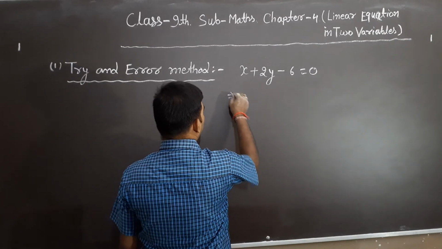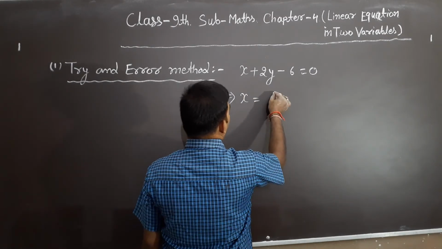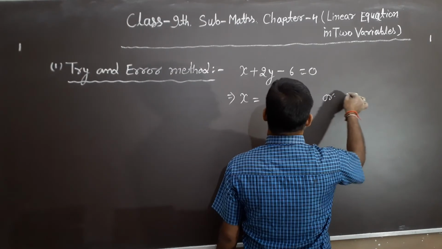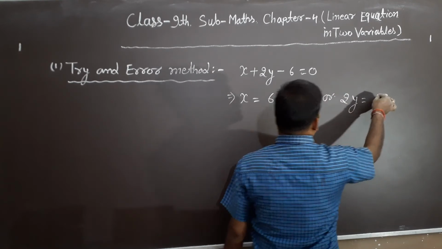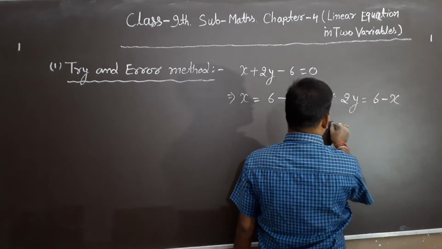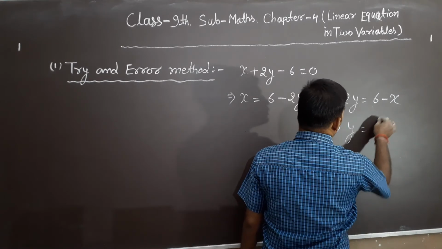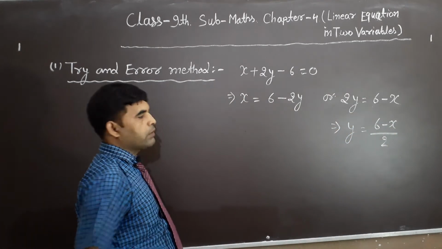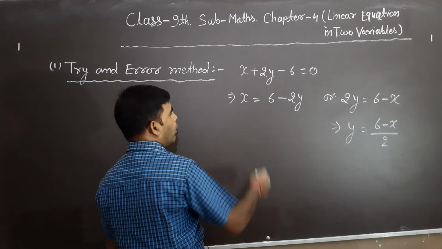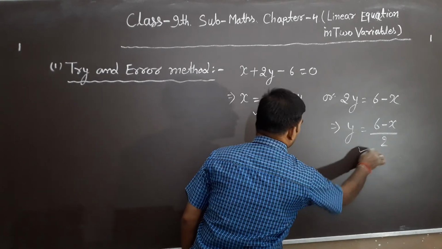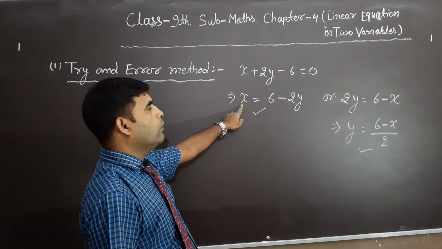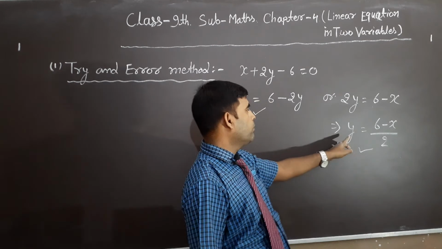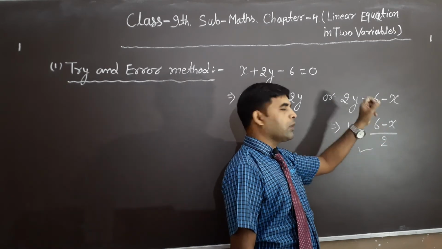So we write x is equal to 6 minus 2y. Or 2y is equal to 6 minus x, then y is equal to (6 minus x) upon 2. There are two ways: in one we find x in terms of y, and in the other we find y in terms of x.